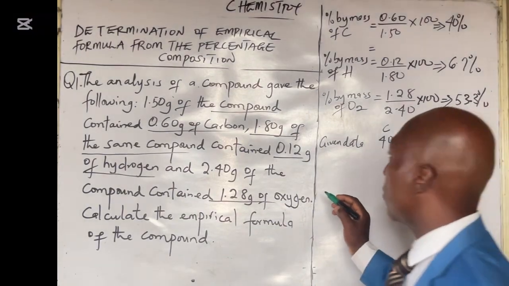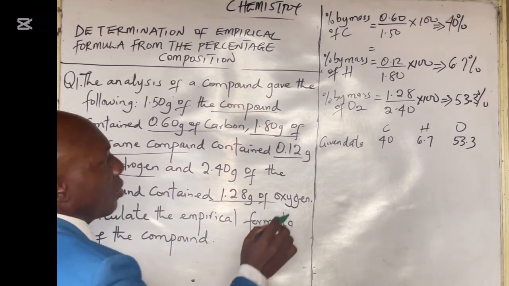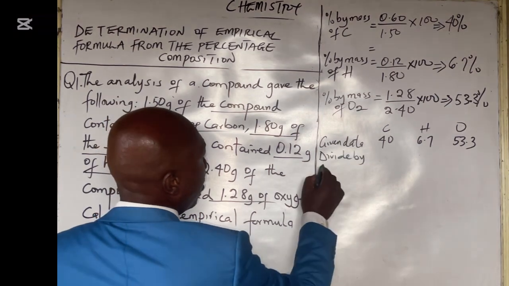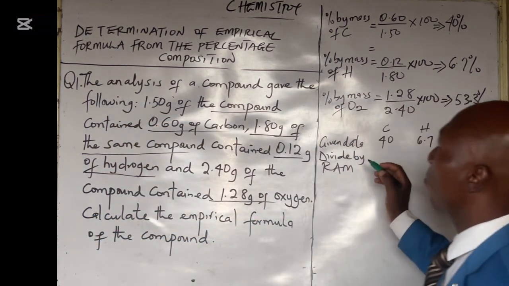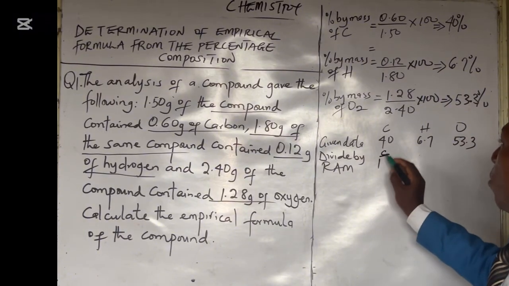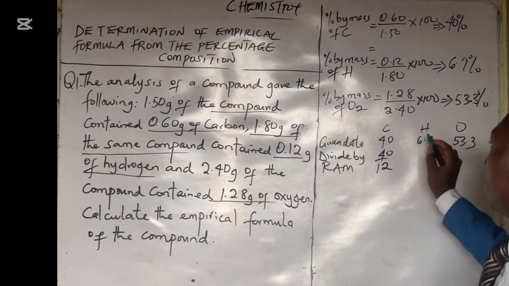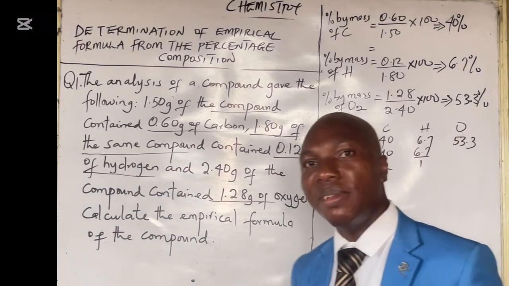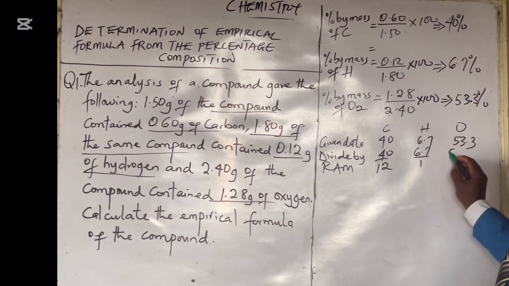The next step is to divide by RAM. The RAM of carbon is 12, that's 40 over 12. The RAM of hydrogen is 1. In the exam, you'll be given their RAM. Oxygen is 16.